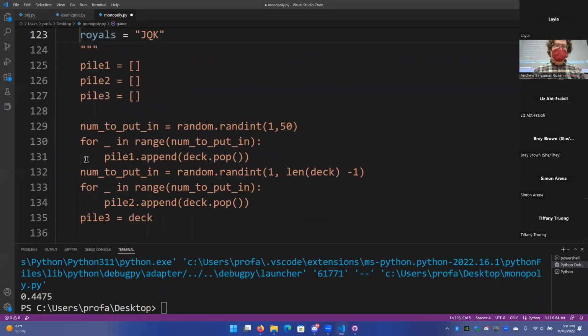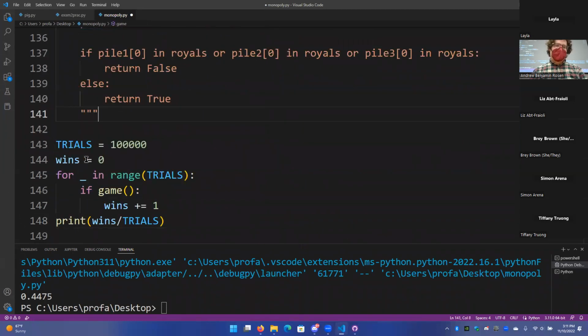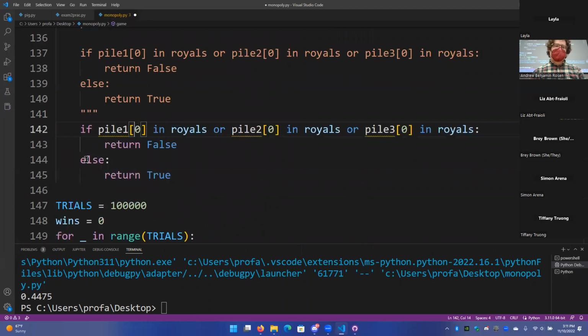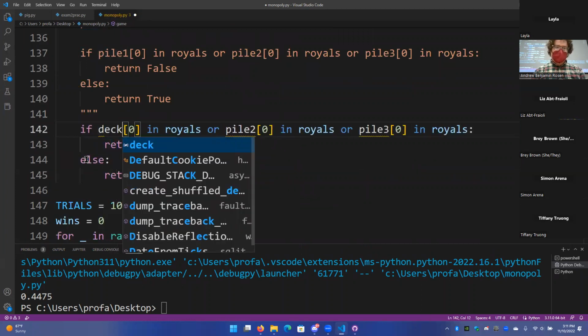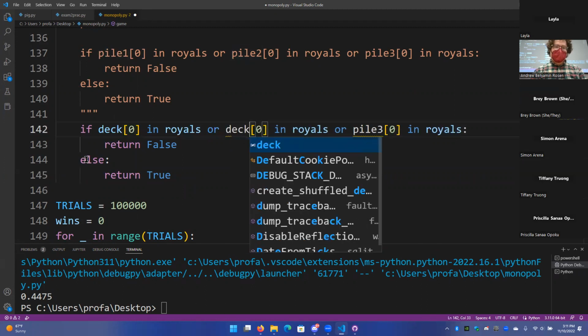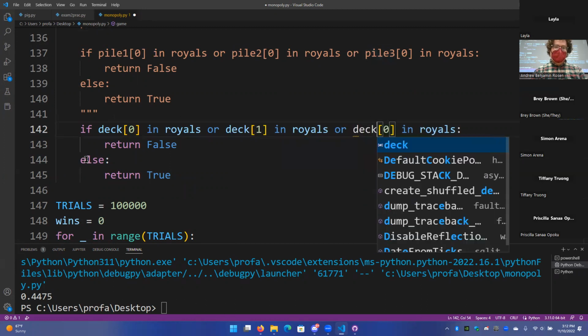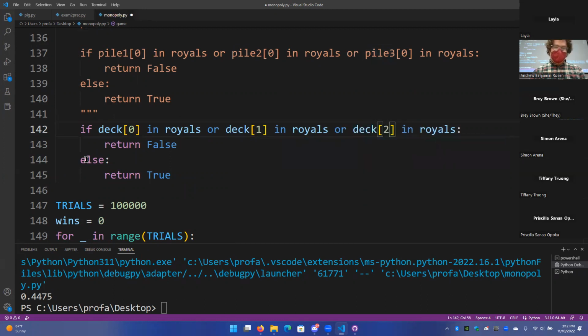So we still have our created deck, we still have our royals, but that's about it. And this should be statistically the same answer, which, as I say, is if the first card in the deck, the second card in the deck, and the third card in the deck, statistically the same thing.